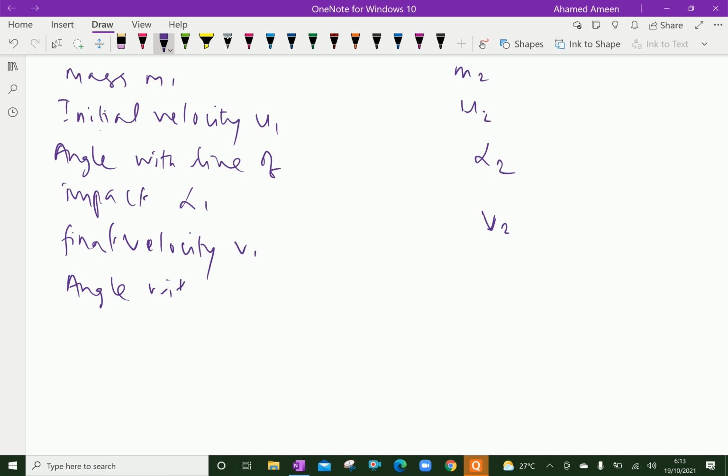That means after impact, the angles with the line of impact are theta 1 and theta 2.